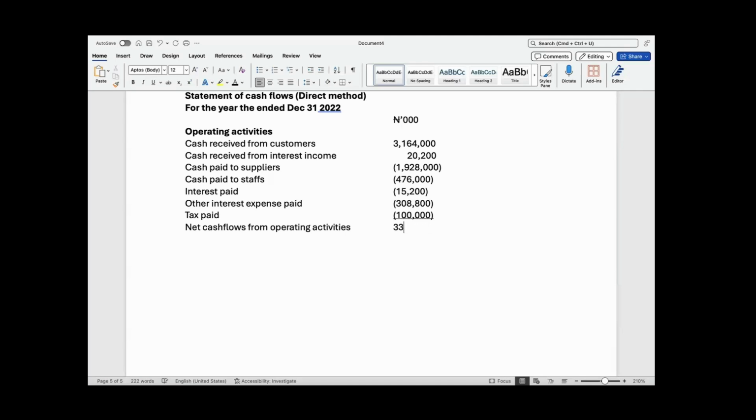The total is 356,000. I got 356,200. Yes, 356,200. That is what I got too. Exactly. Is it outflow or inflow? Net cash inflow. Yes, inflow.